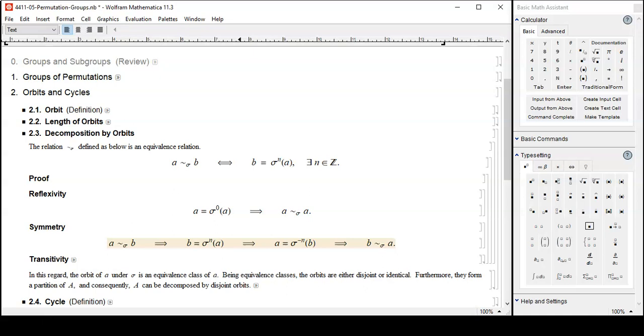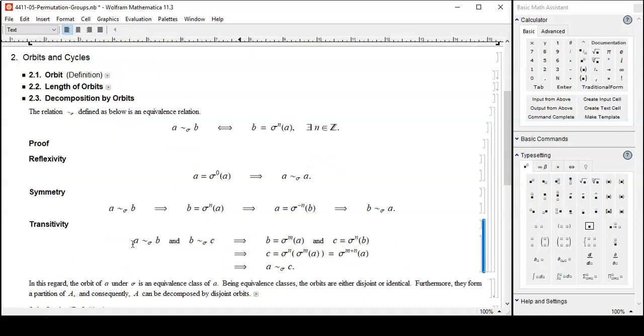How about the transitivity? That needs a bit of work, so maybe you can stop the playback and try it on your own. Do you get it? It follows from the algebraic operation. If A is related to B and B is related to C, then B is the mth power and C is the nth power.